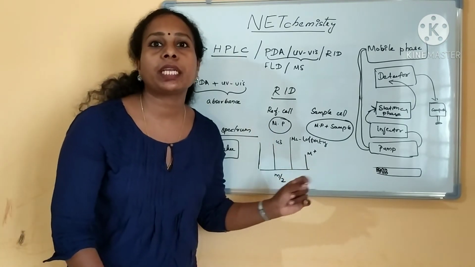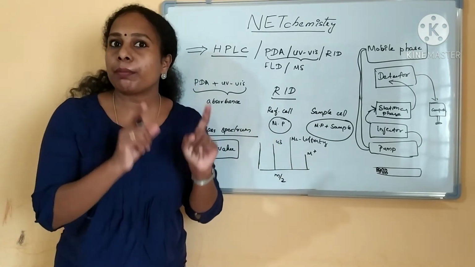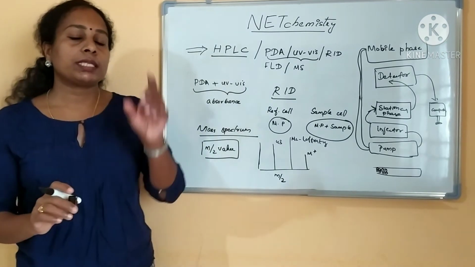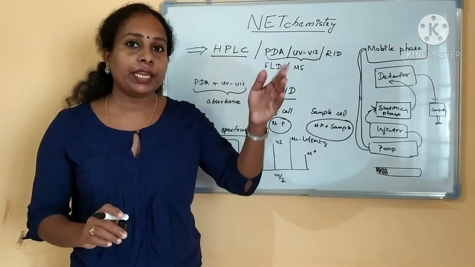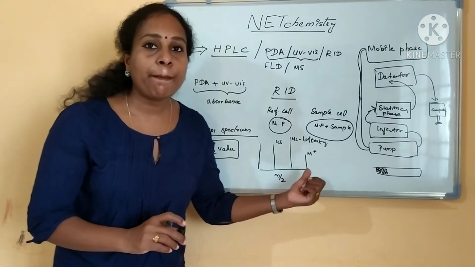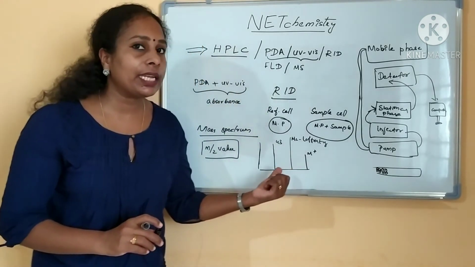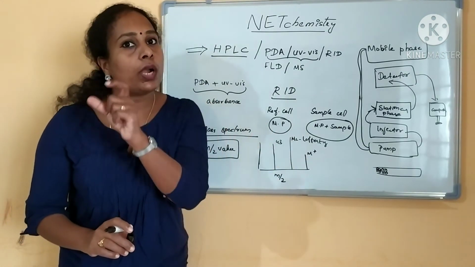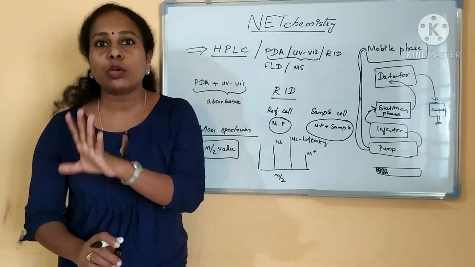Analyzing this mass spectrum, the parent ion will be fragmented by homolytic cleavage and heterolytic cleavage, right? Those parent ions will be separated into positive ions, and based on the M by Z value, we will be getting a spectrum. Each spectrum is a qualitative property of a particular compound, right?